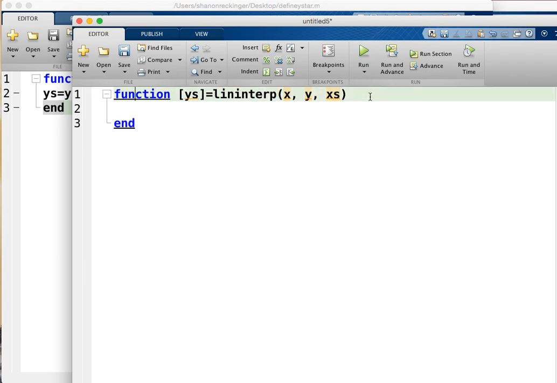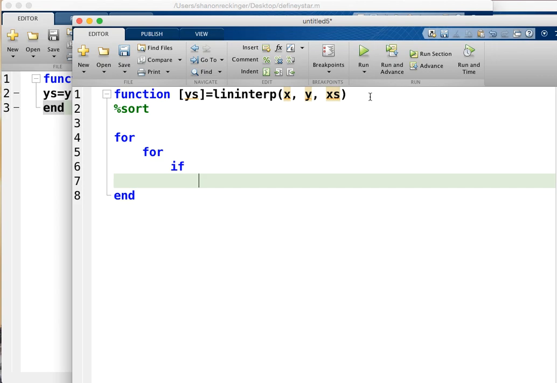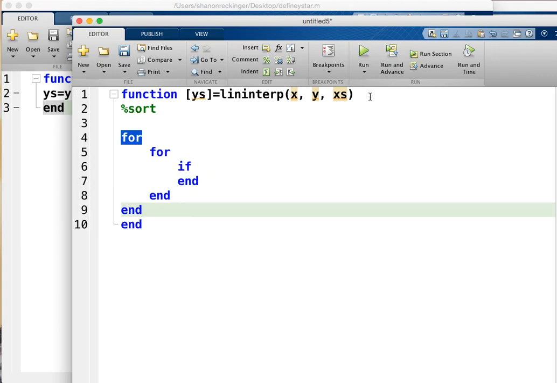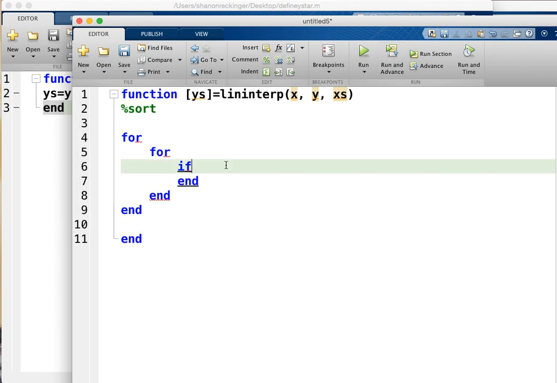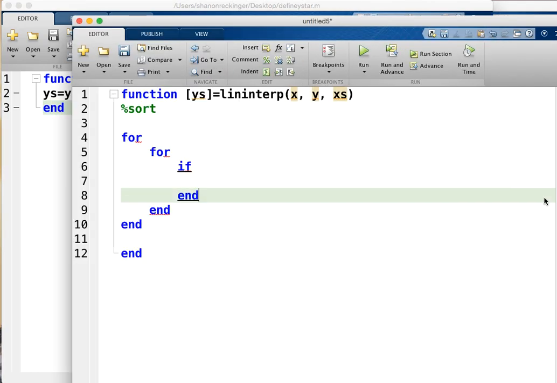And here you're going to do your sort. And then, as we talked about, you're going to have a for loop, an if statement, and then you have to do a bunch of indexing to figure it out. And then once you get into this if statement, you're ready to approximate your y star value. You can just call this function that you wrote, define y star.